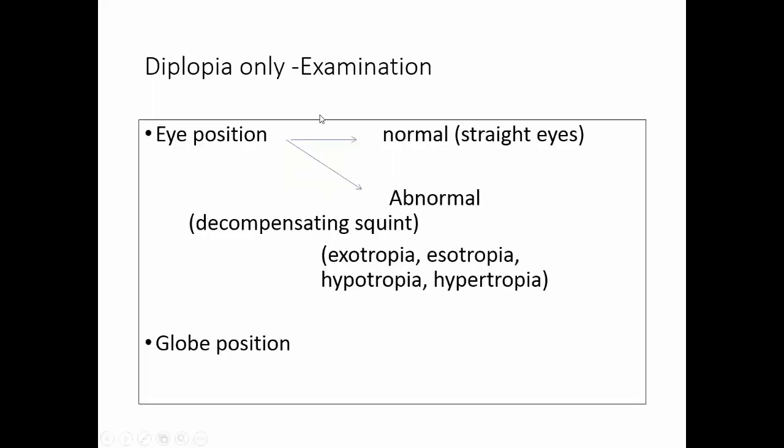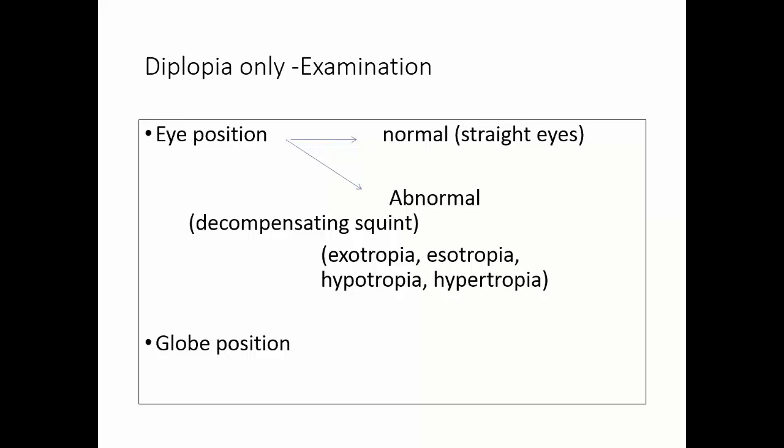Now, again, if the patient complains of diplopia only, there are a few things you have to look for. You have to see whether the eyes are normal or in an abnormal deviating position. Even if there is no muscle palsy, sometimes if there is a squint, although the patient says the squint has been there for a long time, if it is decompensating recently, they can develop diplopia.